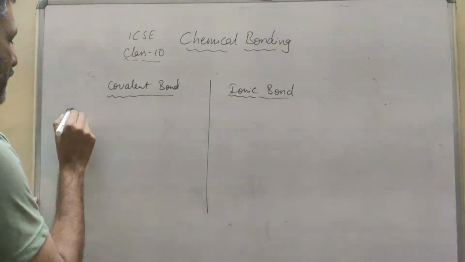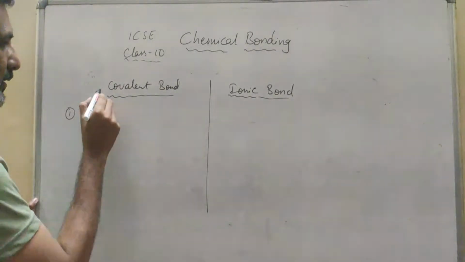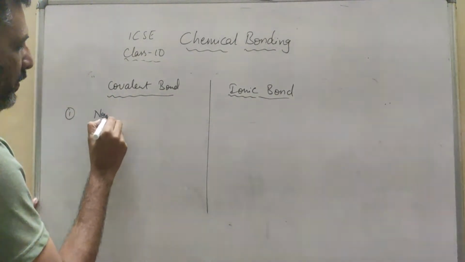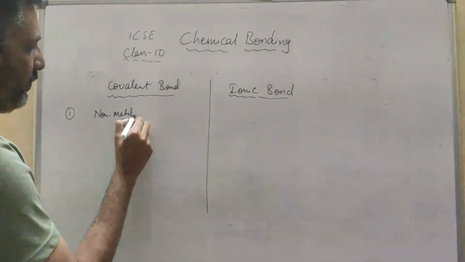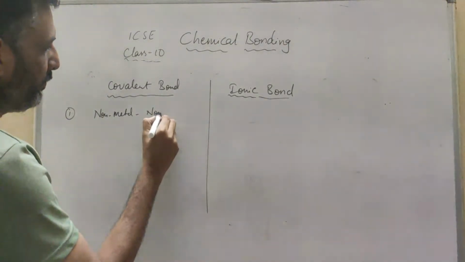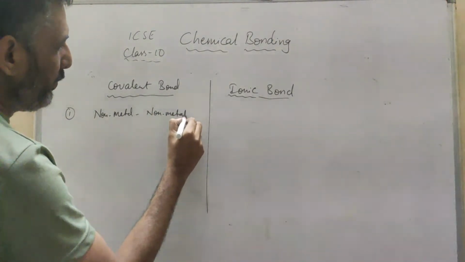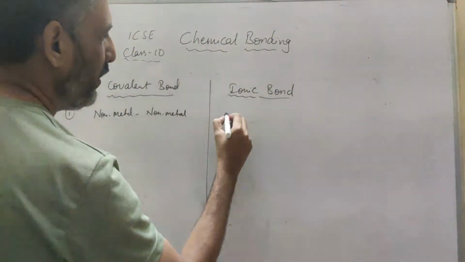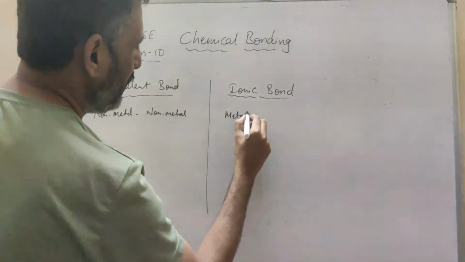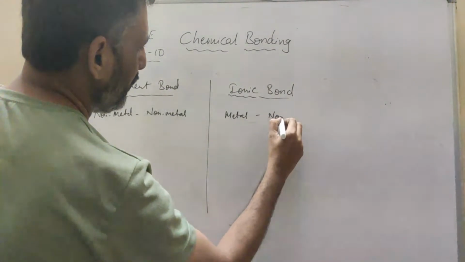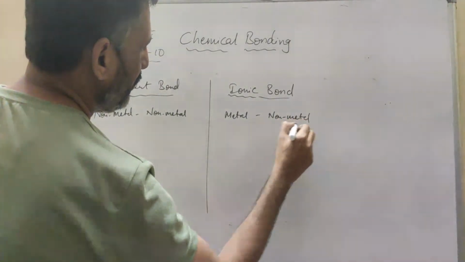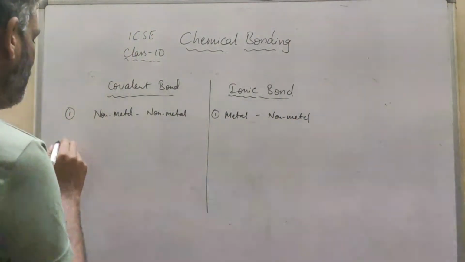So first difference, already we have discussed: between non-metals, covalent bond is possible. Ionic bond is between metal and non-metal. So this is the first point.